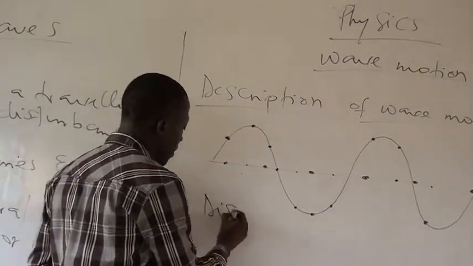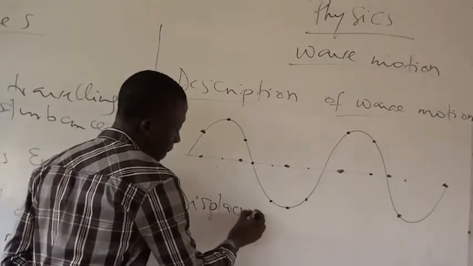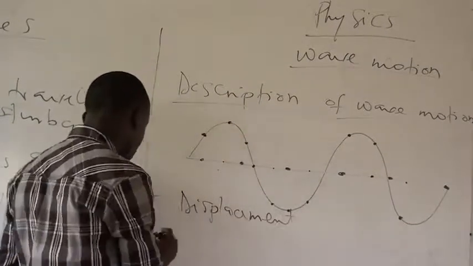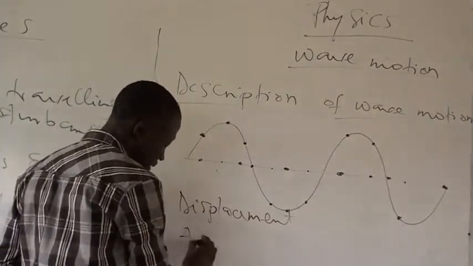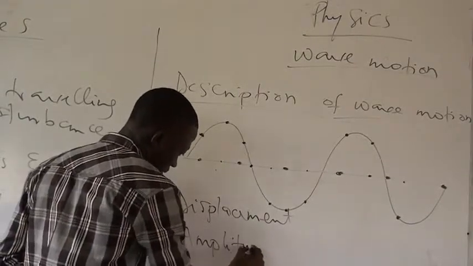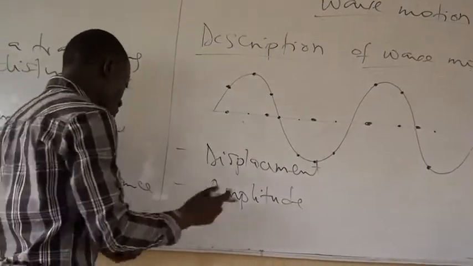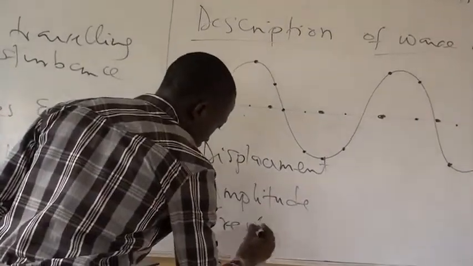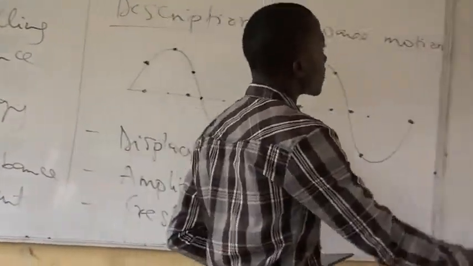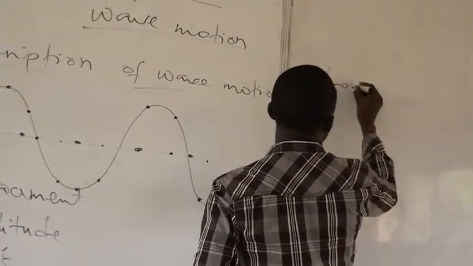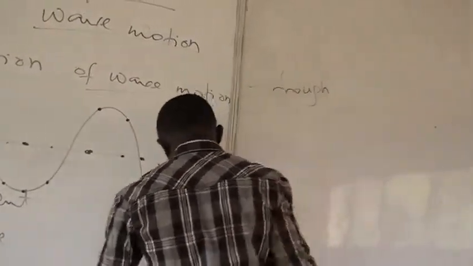We can talk about displacement. We can talk about amplitude. We can talk about crest. We can talk about trough.